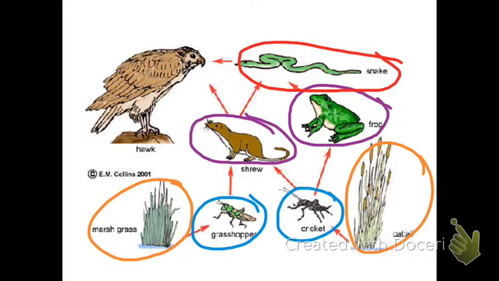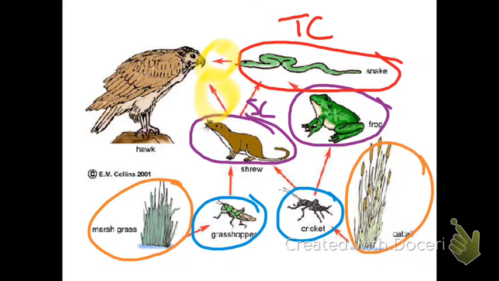Our hawk is actually going to be a little tricky because we know our snake is a tertiary consumer, and we see here that our hawk is eating the snake, but it's also eating down here. It's also eating one of our secondary consumers. So our shrew is a secondary consumer.